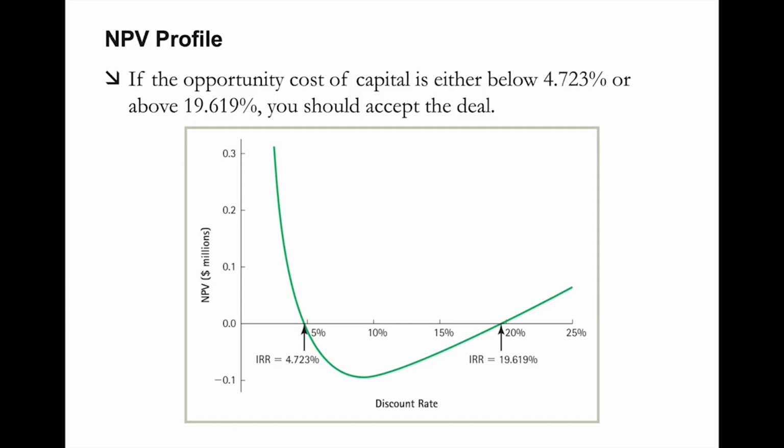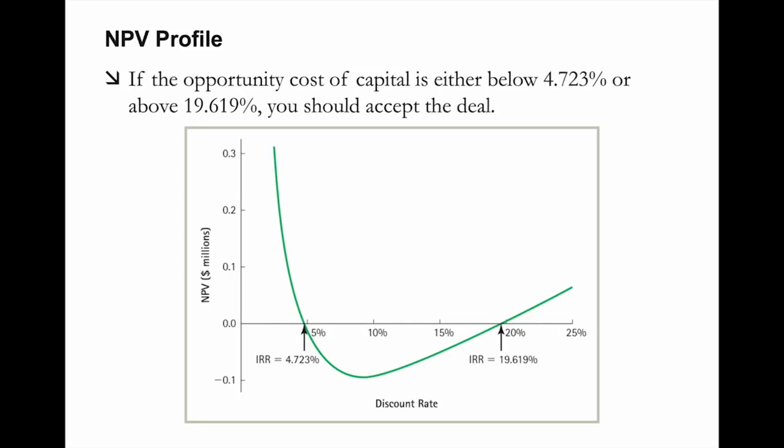Now, although the internal rate of return rule fails in this case, it still provides some pretty useful information for managers. So the internal rate of return still provides a range for which managers can be wrong in their estimation for the discount rate.